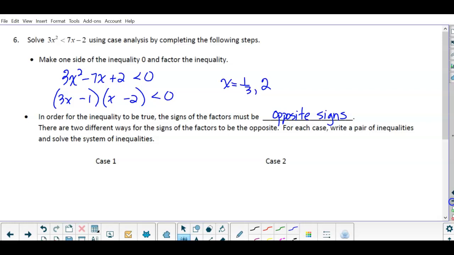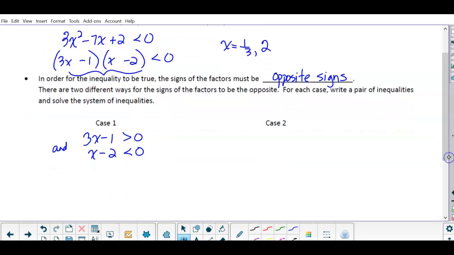One of the ways that you could get a negative here is if 3x minus 1 is greater than 0 and x minus 2 is less than 0. Okay, and means, when do both of these work? So we have 1/3 and 2.